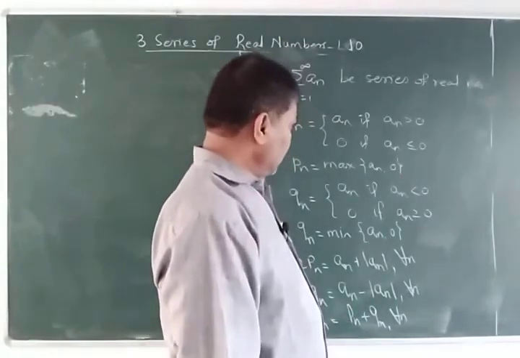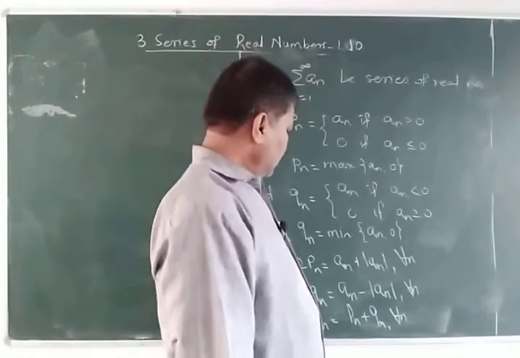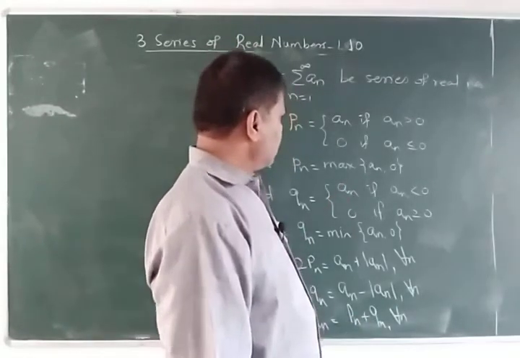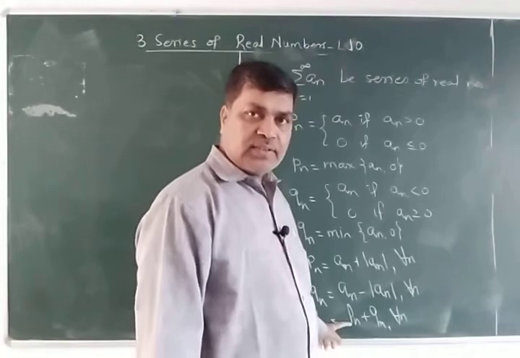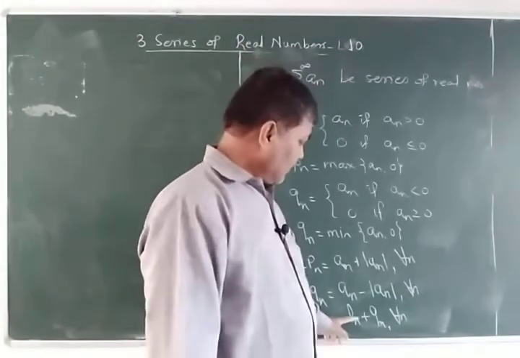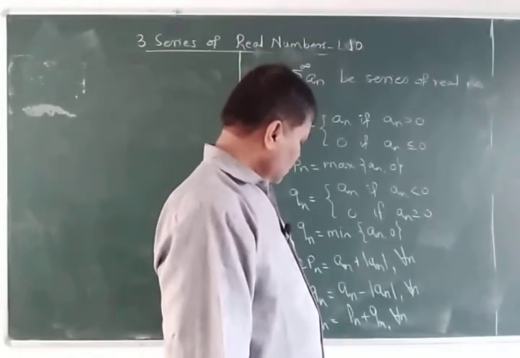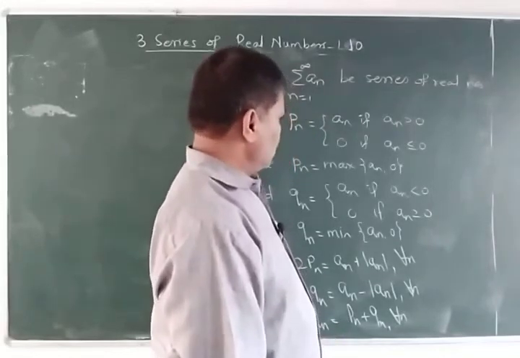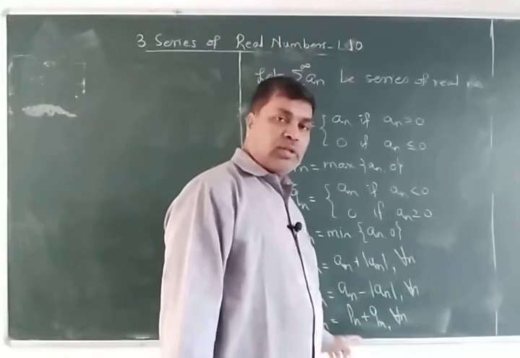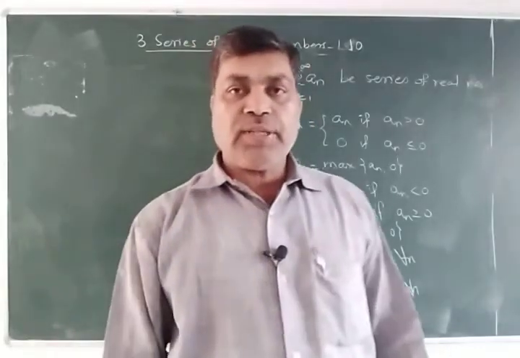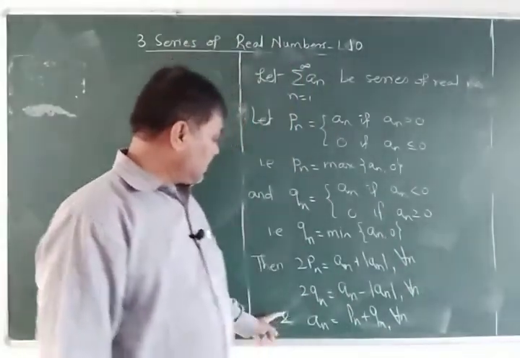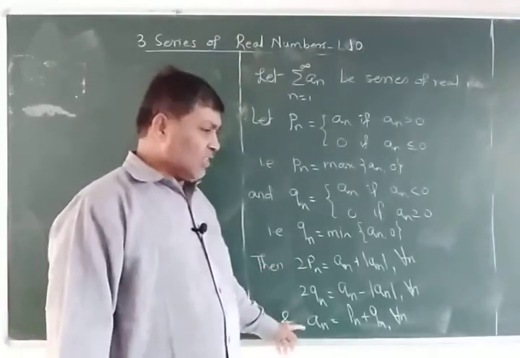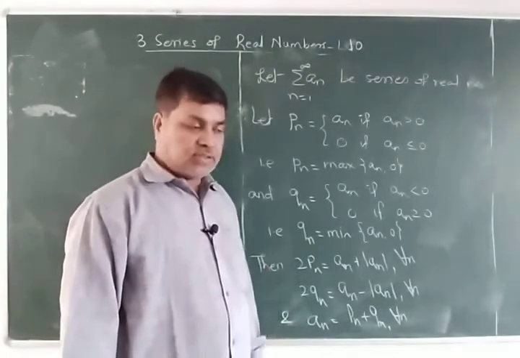If a_n is negative, then a_n is equal to Q_n and P_n is 0. Is it clear? And if a_n is zero, then P_n and Q_n are 0 and a_n is equal to P_n plus Q_n. So in any case, we are getting these relations.